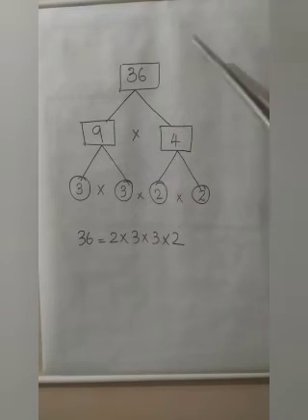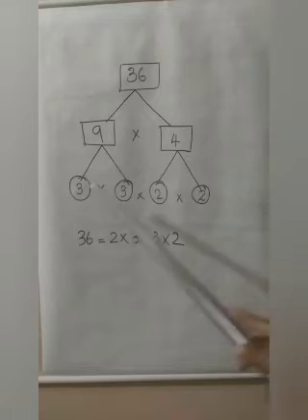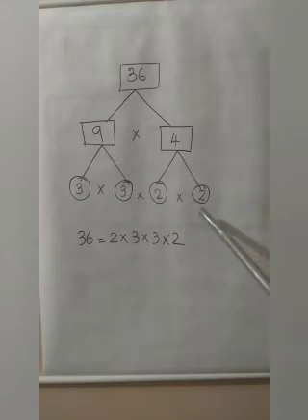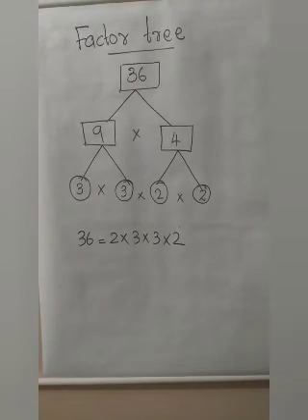Again 4. In this method, in the final step, all the numbers should be prime. Then that number is prime factorized. This method that I am writing is known as a factor tree. So if the question is to prime factorize using a factor tree, you have to do it in this method.